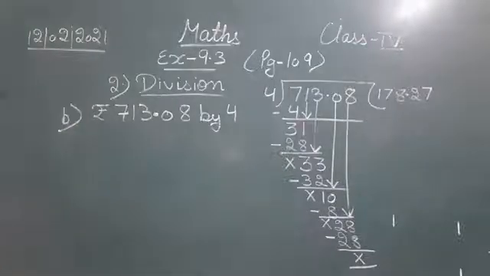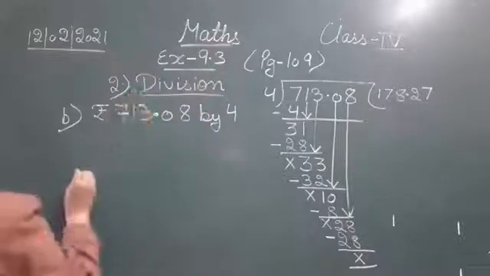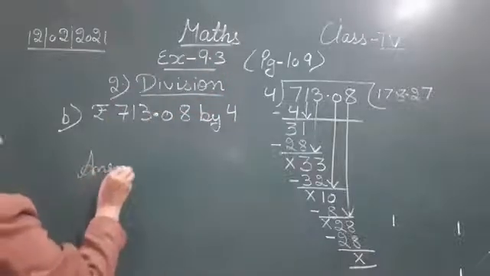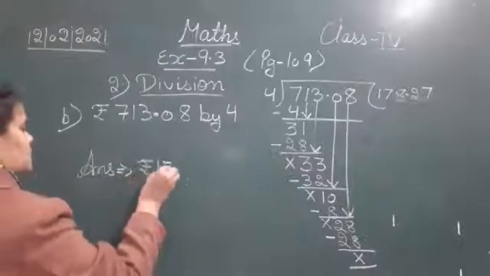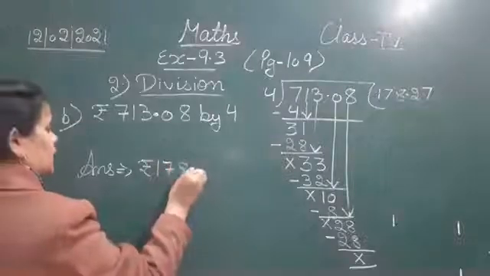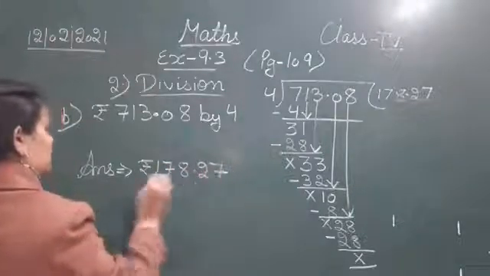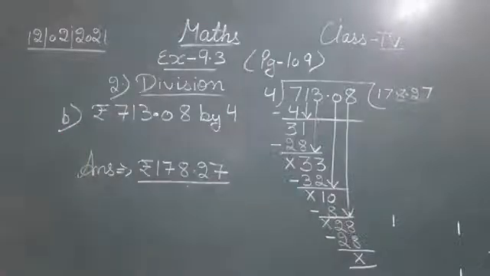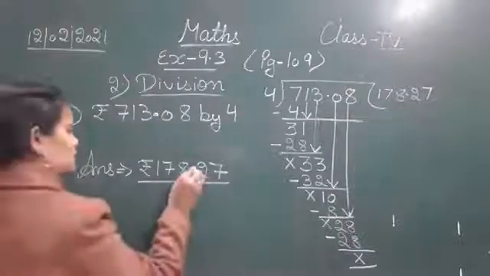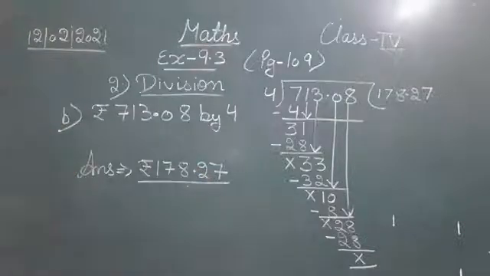So this is the amount that we have got after the division. We will write the answer separately: 178 rupees and 27 paise. This is the B part of question number 2 of exercise 9.3.